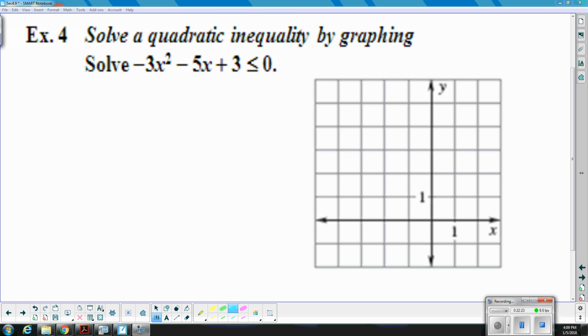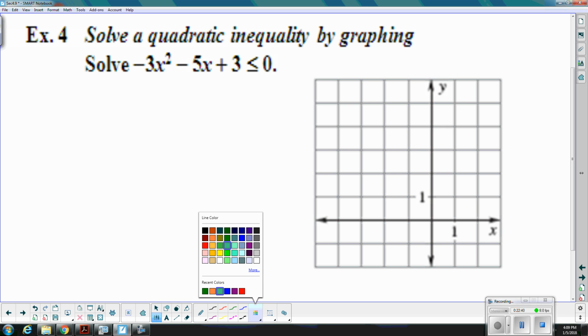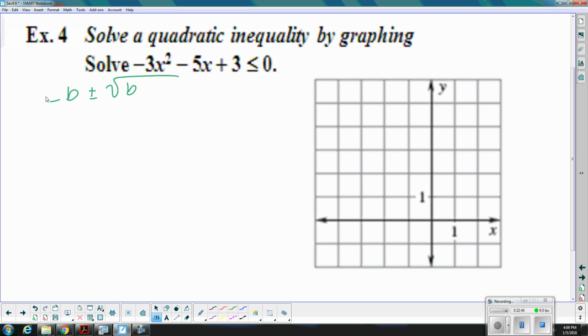Okay, now the next step for this lesson is to solve a quadratic inequality by graphing. So to solve a quadratic inequality by graphing, you're going to use the quadratic formula. So again, our quadratic formula solves for our x, solves for our zeros, and it's -b plus or minus the square root of b squared minus 4ac all over 2a.